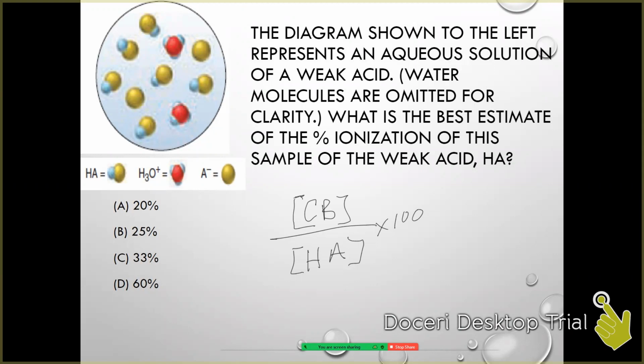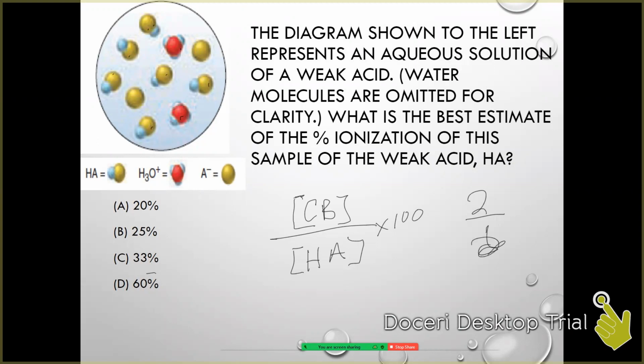I'm going to tell you, when I saw it, I picked the wrong answer the first time. Yes, I did. It is 25%. I picked out 33% because I just quickly said 2, because I had my 2 red ones. Those were what they dissociated to, and I divided it by 1, 2, 4, 5, 6. But that gave me 33%.